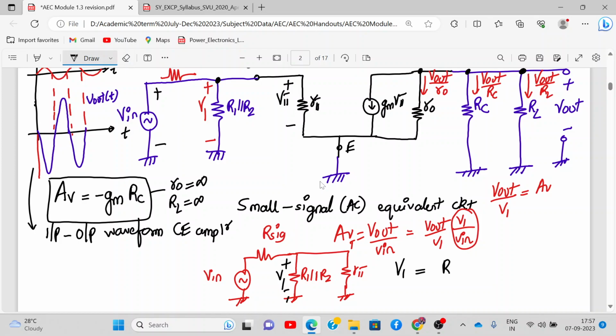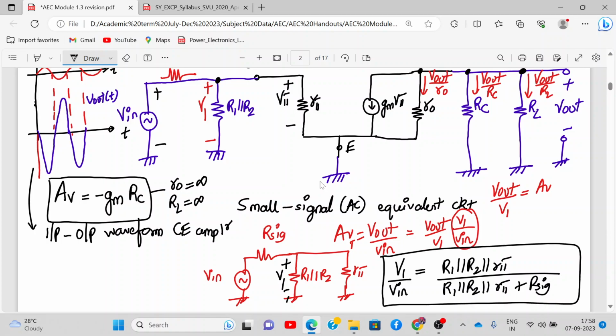V1 is this resistance divided by this plus the series resistance. So R1 parallel R2 parallel R pi, divided by R1 parallel R2 parallel R pi plus RSIG, into V in. So V1 upon V in is the additional factor which comes if RSIG is present. If you substitute RSIG equal to 0, this V1 upon V in will become 1, right?